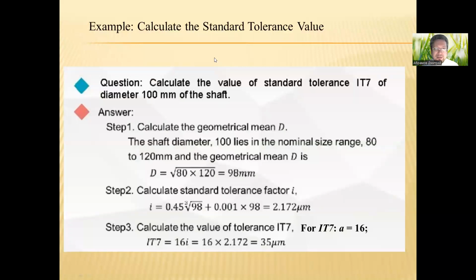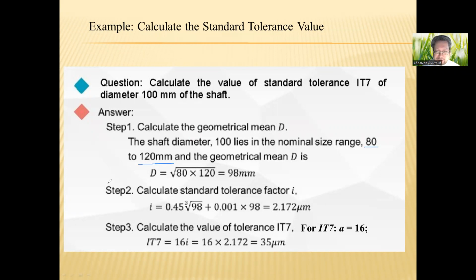For example, calculate the standard tolerance value. Question: calculate the value of standard tolerance IT grade 7 for a shaft of diameter 100 millimeters. Answer: step 1, calculate the geometric mean D. The shaft diameter 100 lies in the nominal size range from 80 to 120 millimeters.